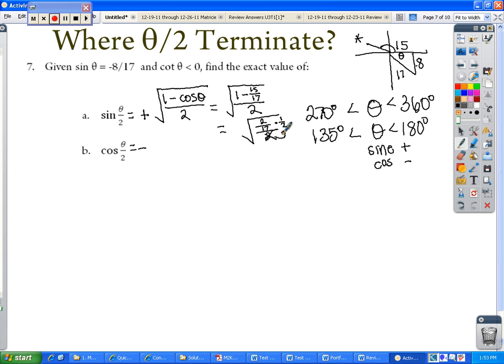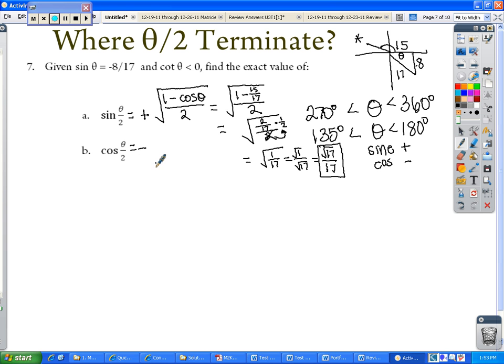So when I simplify that, I get the square root of 1/17, which is really the square root of 1 over the square root of 17. If I rationalize the denominator, I get root 17 over 17. So that is the sine of theta over 2.